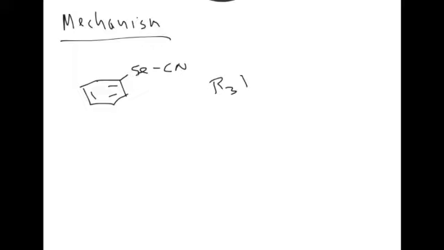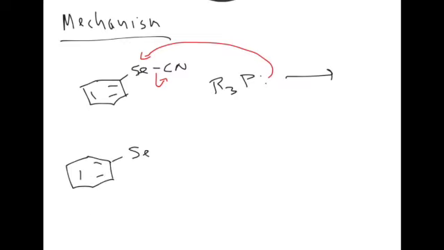And we have our phosphine that has some carbon groups on it, and that phosphorus is able to attack the selenium and knock off the nitrile. So we get this where we now have a selenium phosphorus bond as opposed to a selenium carbon bond.